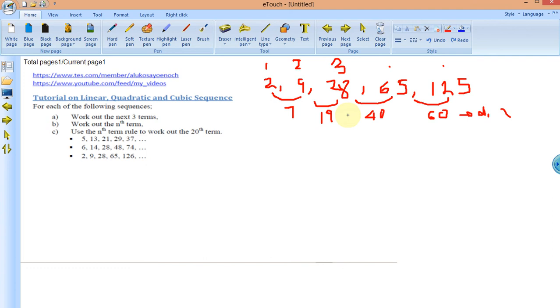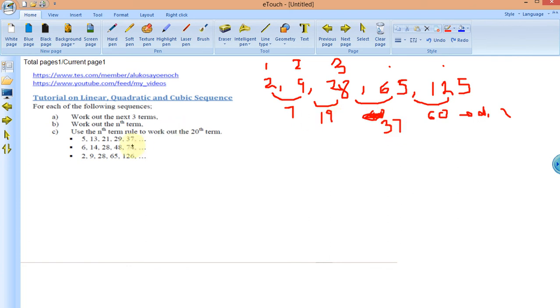28 minus 9. That is 19. Then 65 minus 28, that is 37. Oh, this is 37.